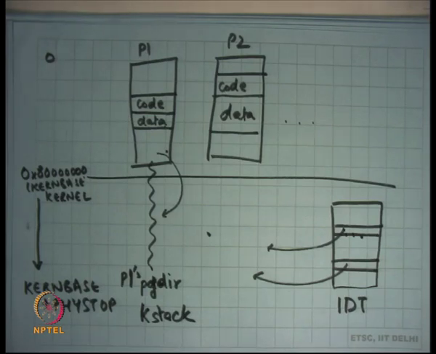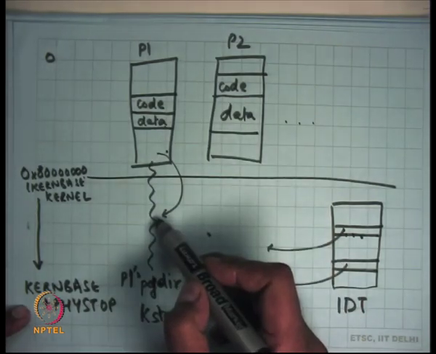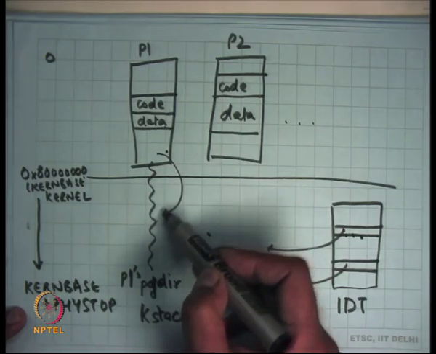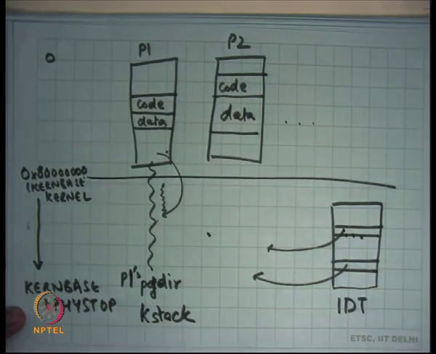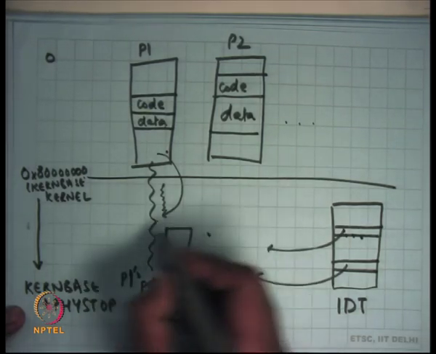Using the task state segment that must have been set up by the OS. Maybe we know that. All right, so it's going to execute on P1's K stack. When it executes on P1's K stack, the first few things it's going to do is save all the registers of the executing process in the K stack itself, right? So let's say this is the K stack.